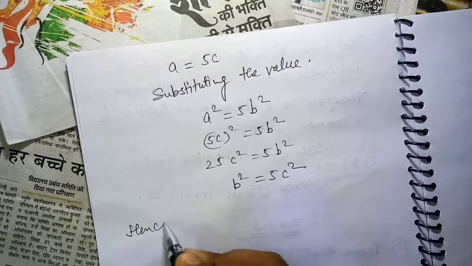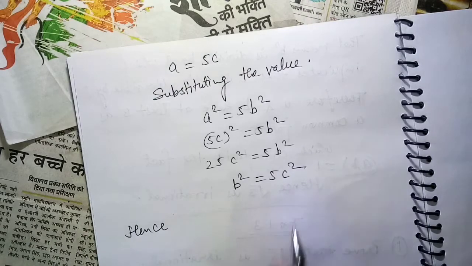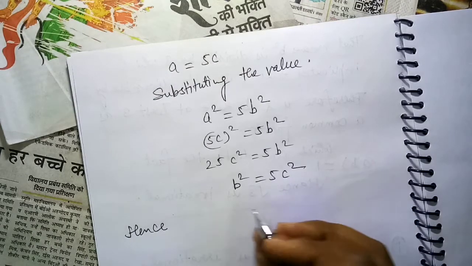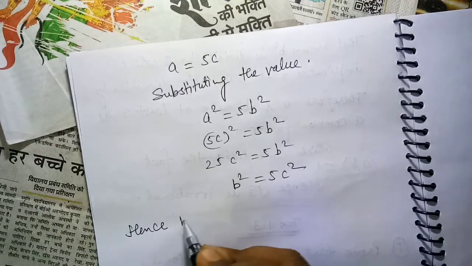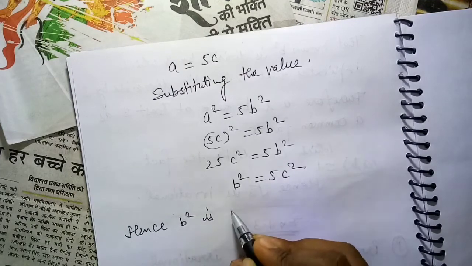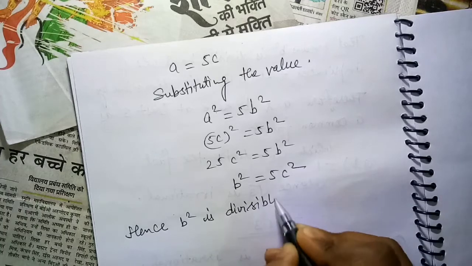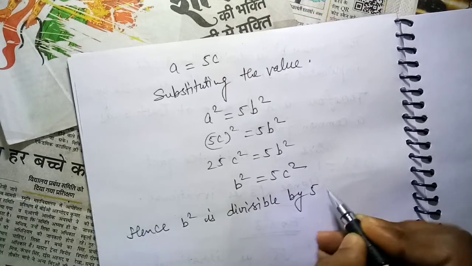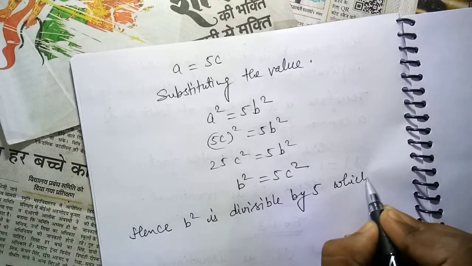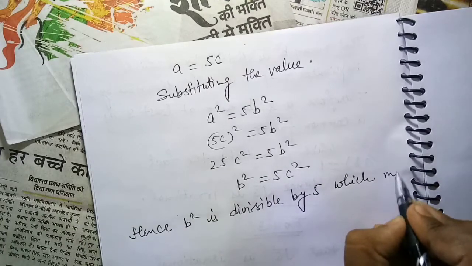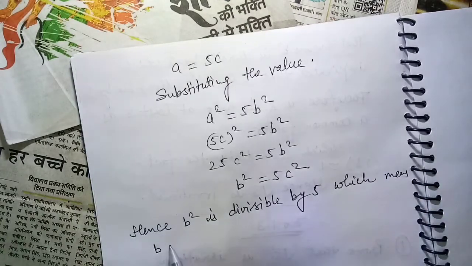Hence, b square is also divisible by 5, which means b is divisible by 5.